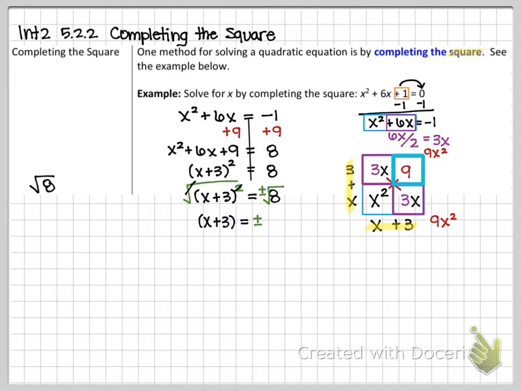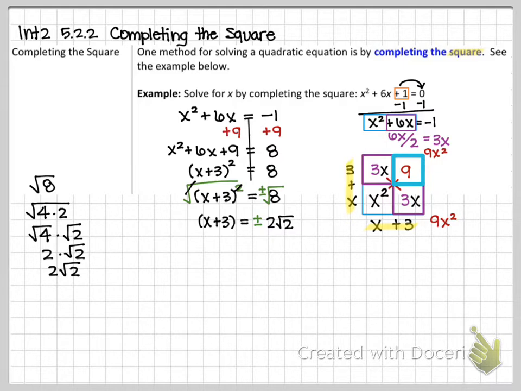I know that 8 is the same thing as 4 times 2. This is useful because I know the square root of 4. And that's going to give me 2 times the square root of 2, which is 2 root 2. All right, let's replace that. So this is 2 square root 2.